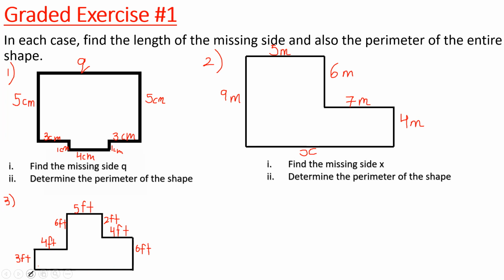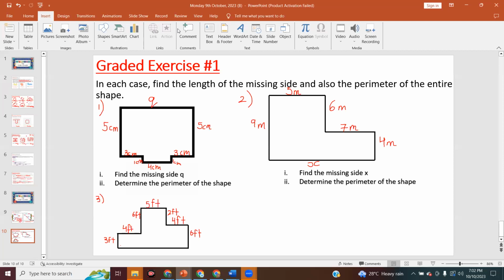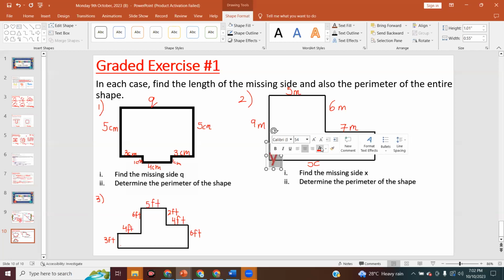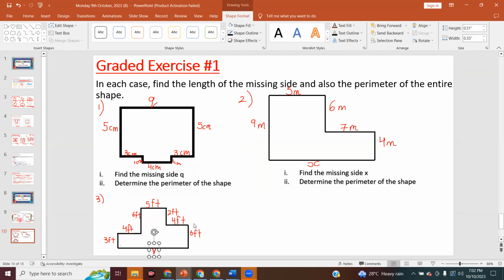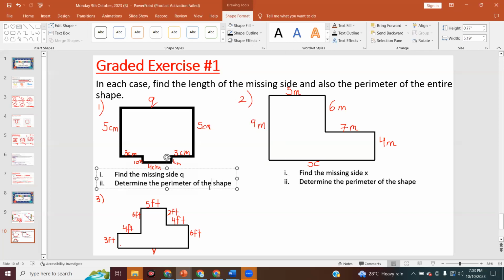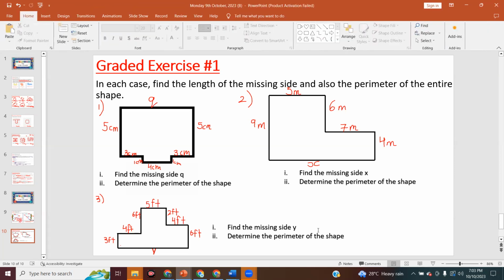Let's call the bottom side, let's call that Y. So for this one, our job is to determine the missing side Y and also the perimeter of it.